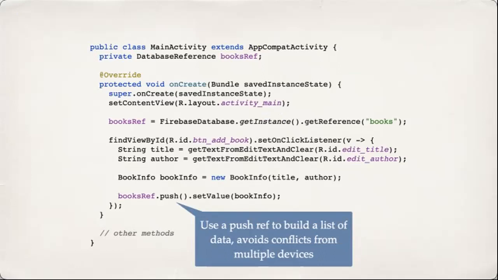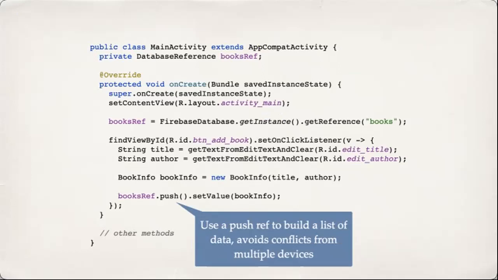The biggest advantage of this is it creates a unique key when it is adding this BookInfo or any object that you want. And while doing it, it creates the key based on the timestamp, and it's unique, and it's also ordered chronologically.